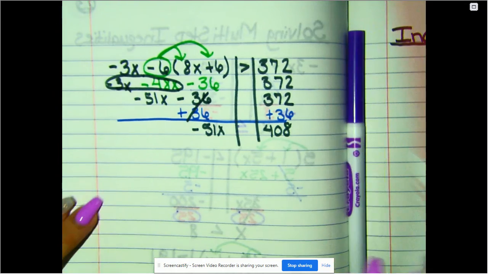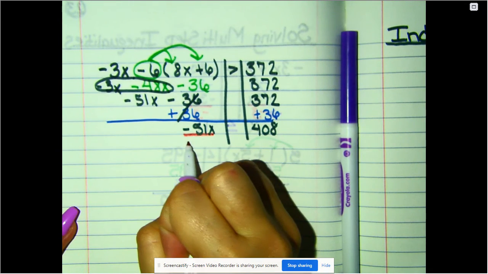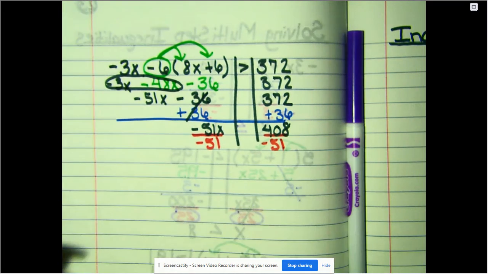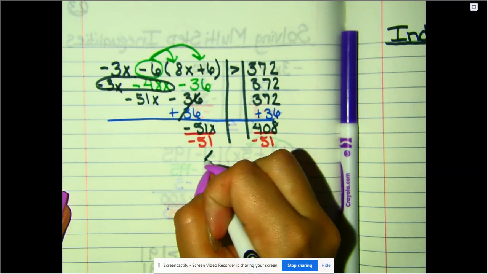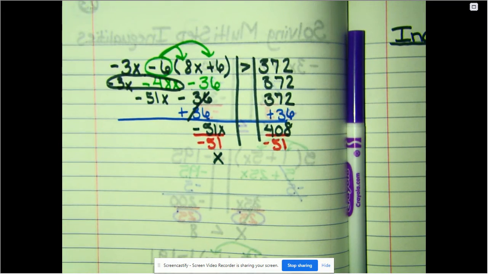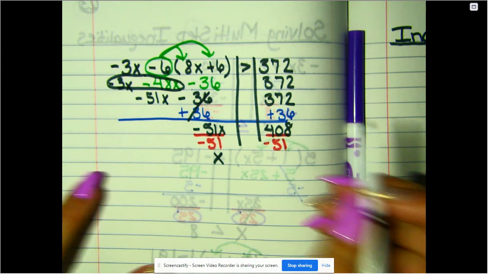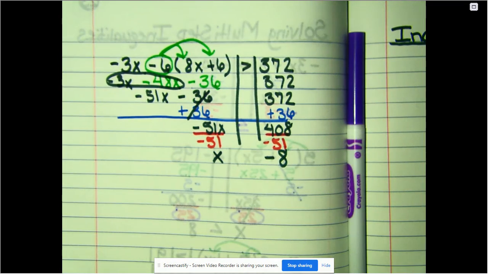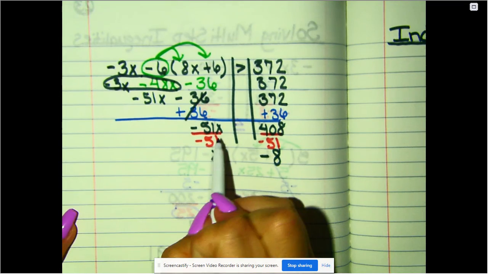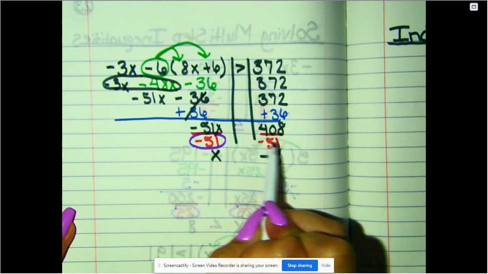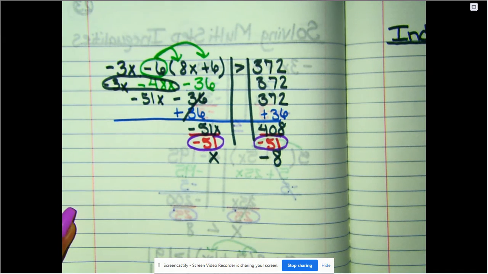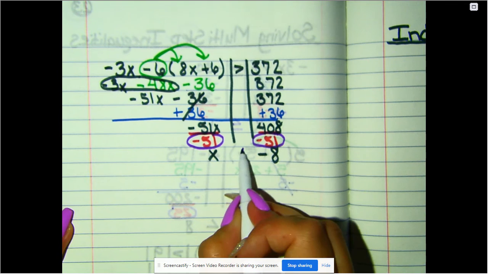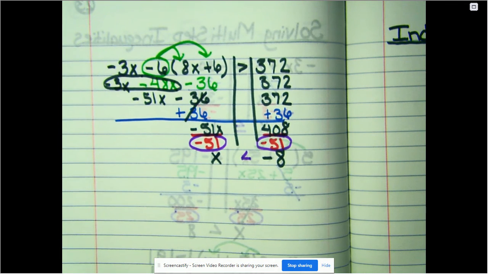Now the opposite of multiplication is dividing. So we have x, and then 408 divided by negative 51, and that number is negative 8. Keeping in mind, we divided by a negative number, negative 51, so my sign is going to flip from greater than to less than.